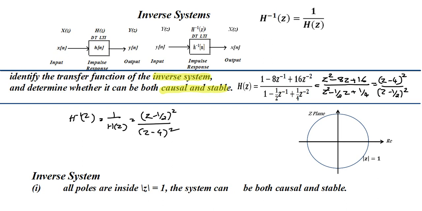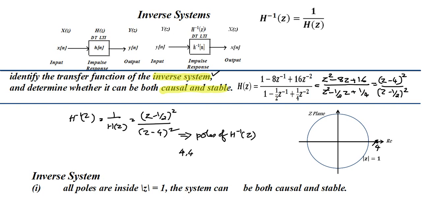Now we need to check whether the inverse system is causal and stable. We got H inverse of z, so we can check the poles of H inverse of z. You will get poles at 4, 4, so two poles at 4, which is outside the unit circle.